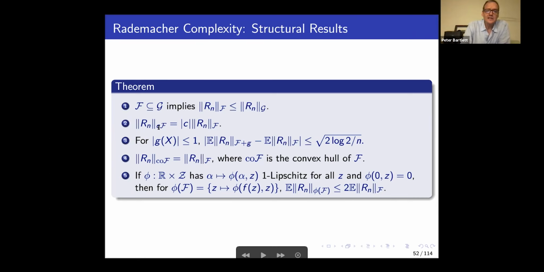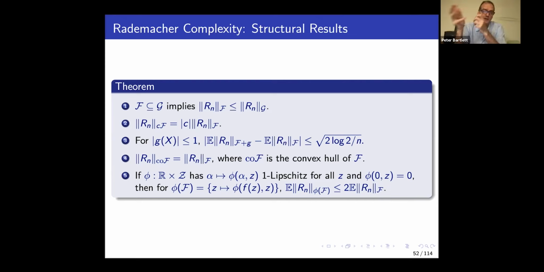The second one is that if you take your function class and multiply it by a constant, then because the Rademacher complexity scales with the size of the functions, you can pull that scaling out front. It's the supremum of the averages of these epsilon_i times f of x_i.